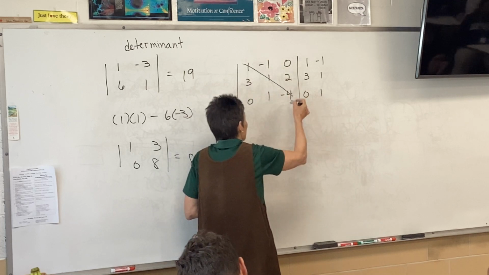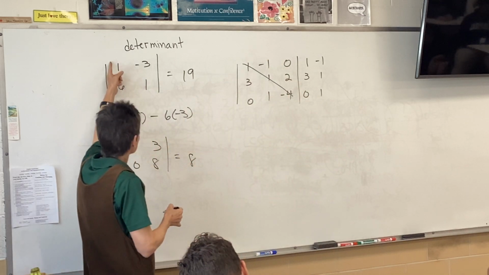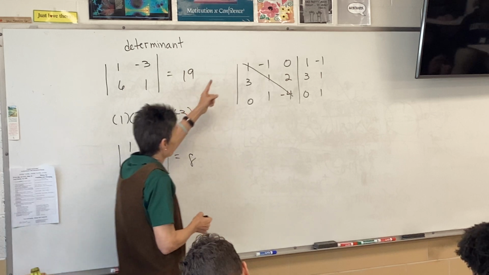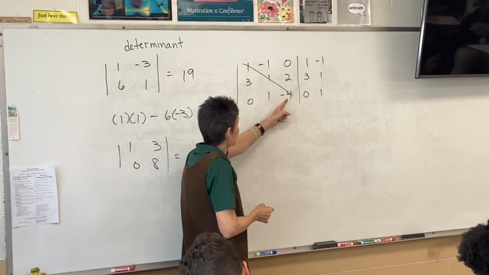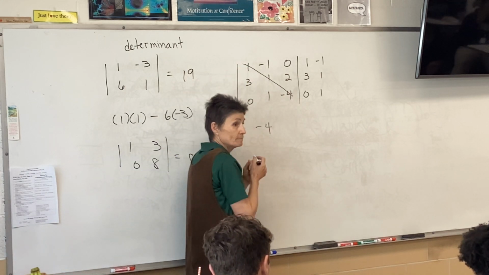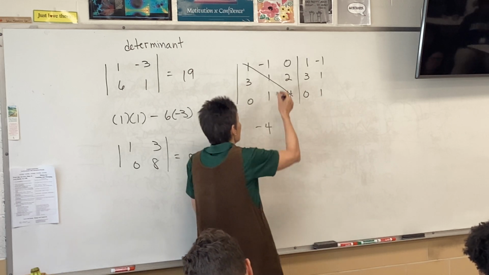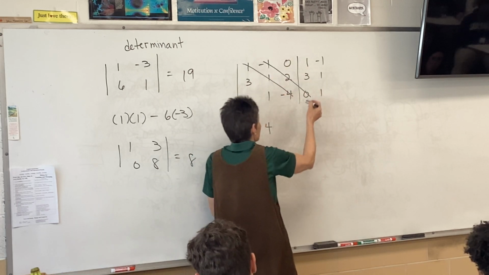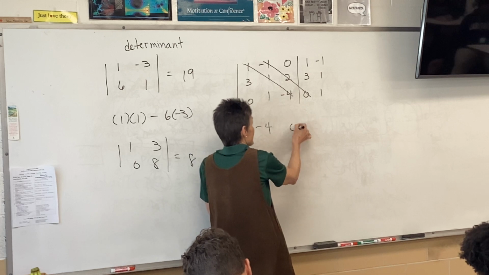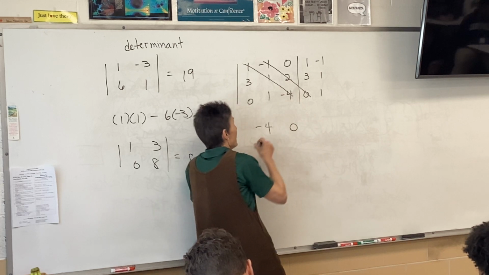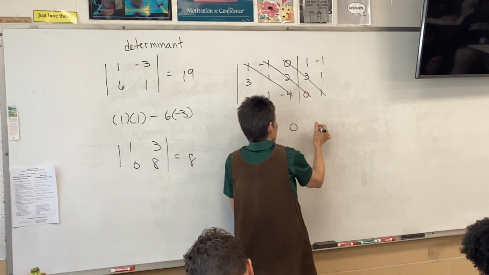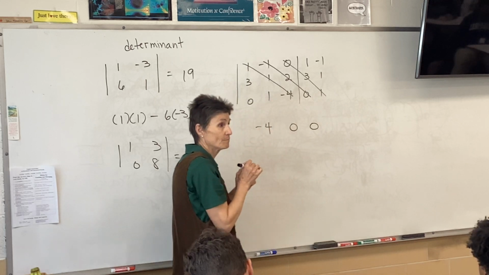Now, multiply these 3 numbers together. So just like you multiplied these, we're going to multiply these 3 numbers together and get negative 4. Then we're going to multiply these 3 together and get 0. And then we're going to multiply these 3 together and get 0 again.